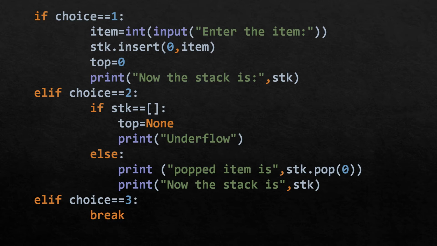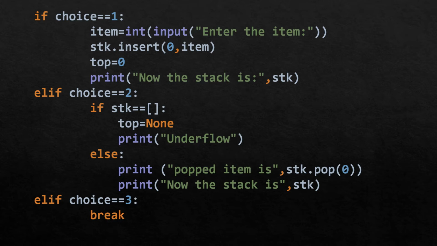So stk.insert(0, item) will push the item at the 0th position of the stack, and top is 0. And if you want to pop an element from the stack, that is, the choice is 2, then it will check whether the stack is empty or not. If it is empty, then it will print underflow.